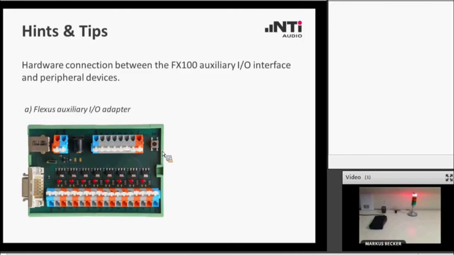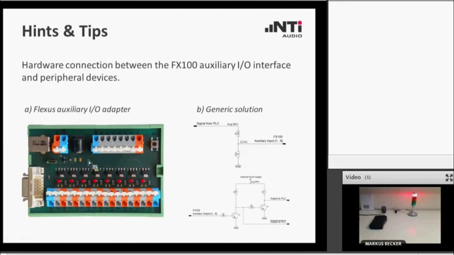So you have an external trigger device. You can replace it through this manual switch just to initiate the execution of a test sequence. And later, of course, it will be executed by this external device. So this product is coming up, but alternatively, you are of course also free to establish your own generic solution.